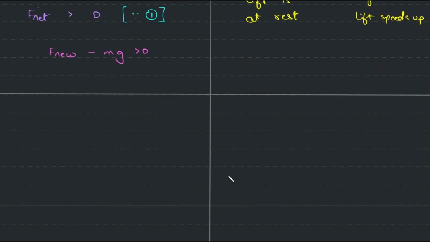Now, let's look at the math. So the person is moving up, say with an acceleration of a, right? And we have F net is equal to mass into acceleration. But F net is given by, we just saw that F net is F N minus mg is equal to ma.